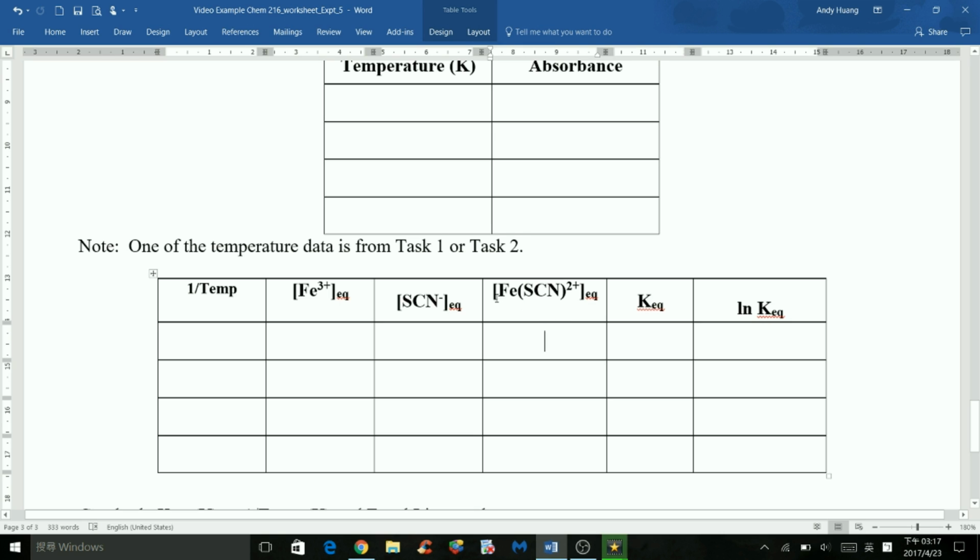concentration of the complex first, and make sure you use the graph from task 1, and same approach. You take the absorbance and divide it by the slope.